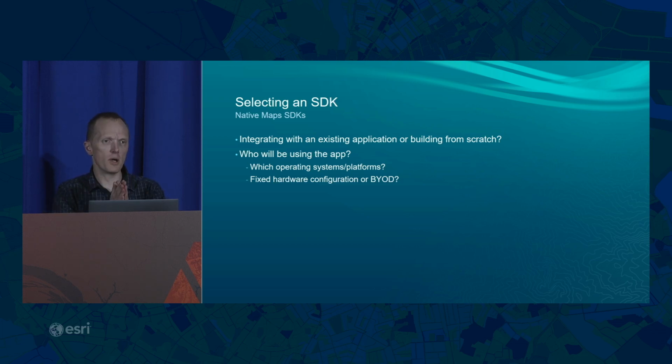Are you, as the developer building the application, able to control the hardware that your users are running those applications on, or is it more of a bring your own device, or more of a general public environment where you don't necessarily have control over the devices and you have to think about broader operating system support? Who's building the applications? That's really about what the skills are of the people building the application.